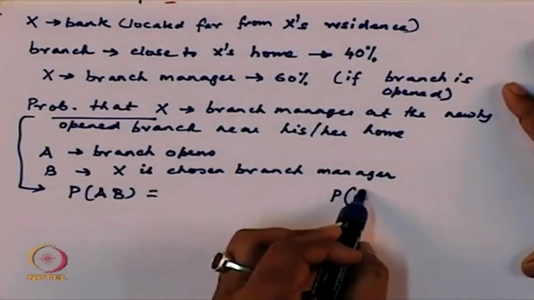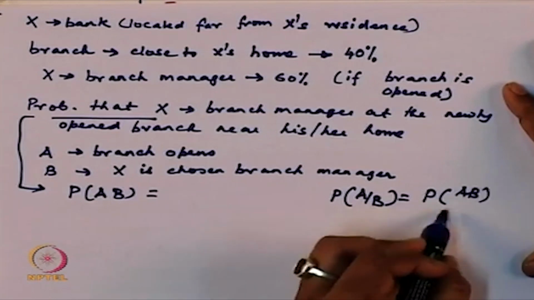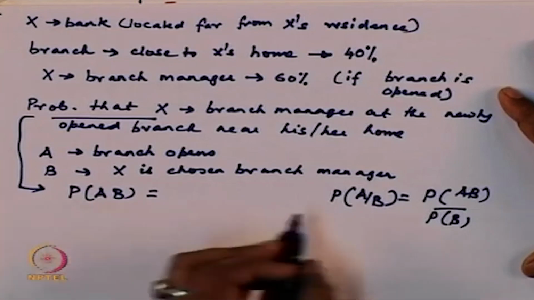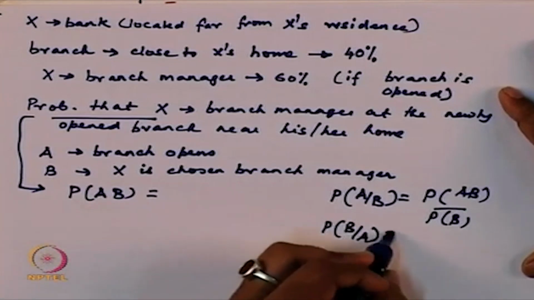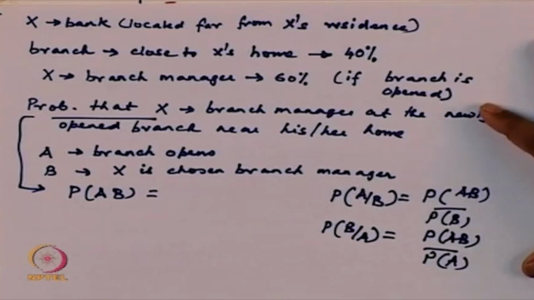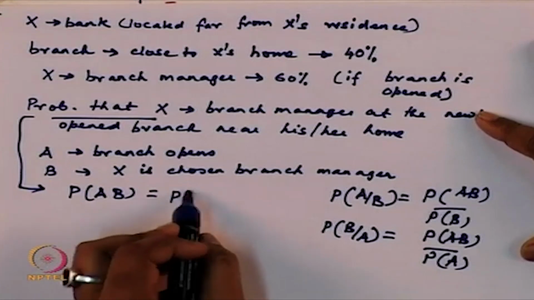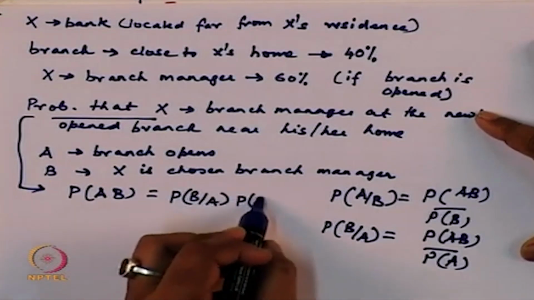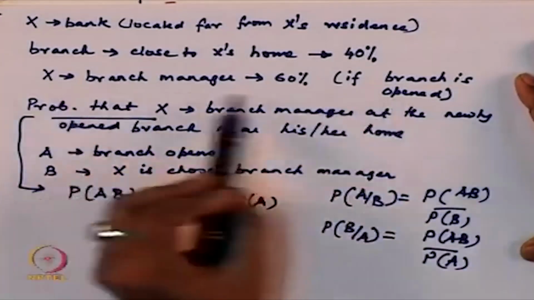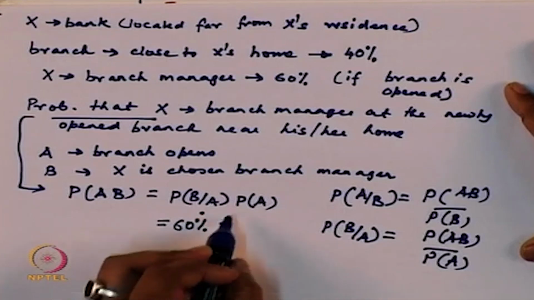I know probability of A given B is probability of AB by probability of B, or I can write probability of B given A is probability of AB by probability of A. From this expression I can write P(AB) is simply equal to P(B given A) into probability of A. The 60% statement is nothing but probability of B given A, which is equal to 60%, and probability of A is 40%.